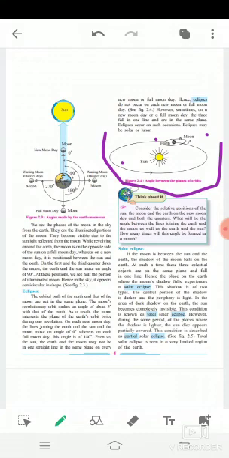If the moon is between the sun and the earth, the shadow of the moon falls on the earth. At such a time, these three celestial objects are on the same plane and fall in one line. Hence the place on the earth where the moon's shadow falls experiences a solar eclipse.